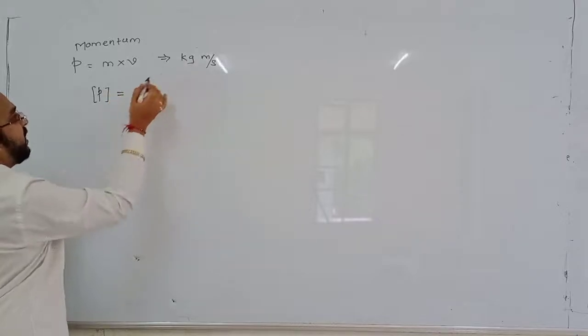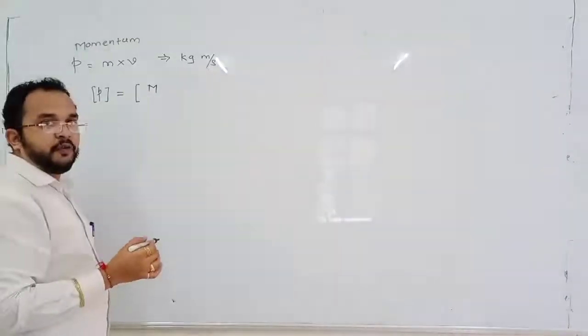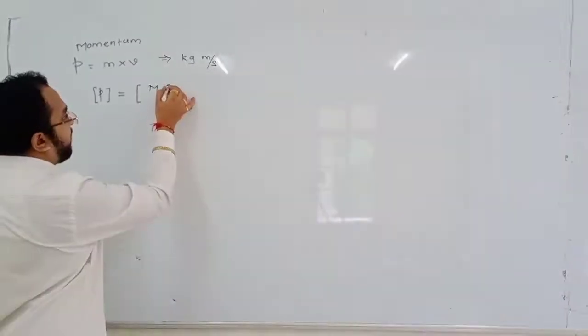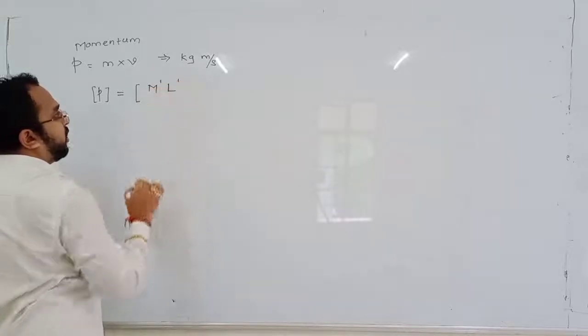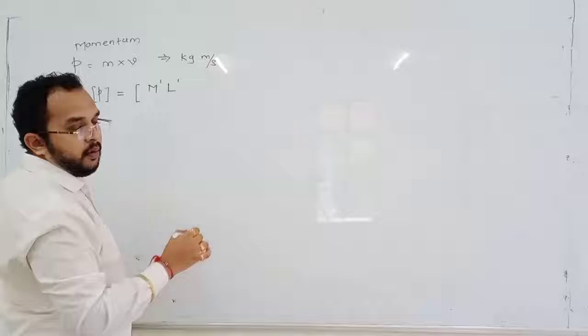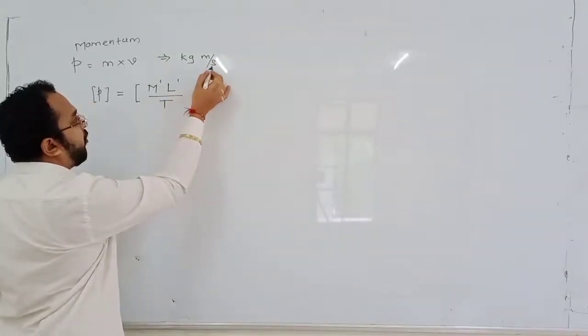See, kg is mass, so it can be written as M. Meter is for length, so it can be written as L. You can write power 1. Per second means upon second. Second is for time.